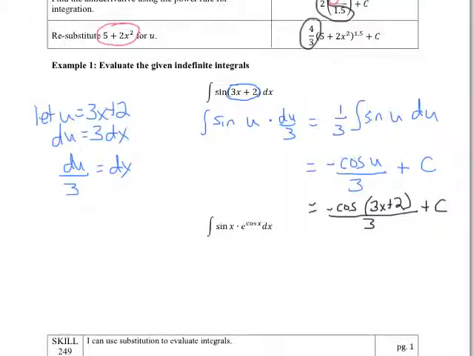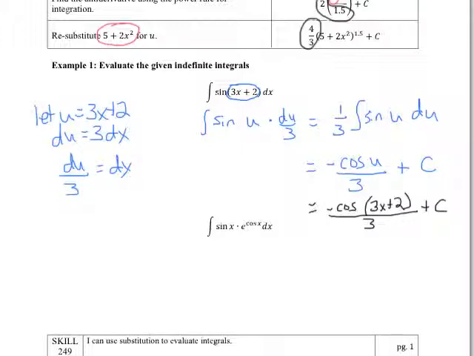Alright, the next example, what we have is sine x times e to the cosine x, and sometimes it's useful to take our exponents, especially in e raised to something, and let that be our u. Another thing I noticed is cosine and sine are very closely related when you're talking about derivatives and integrals.